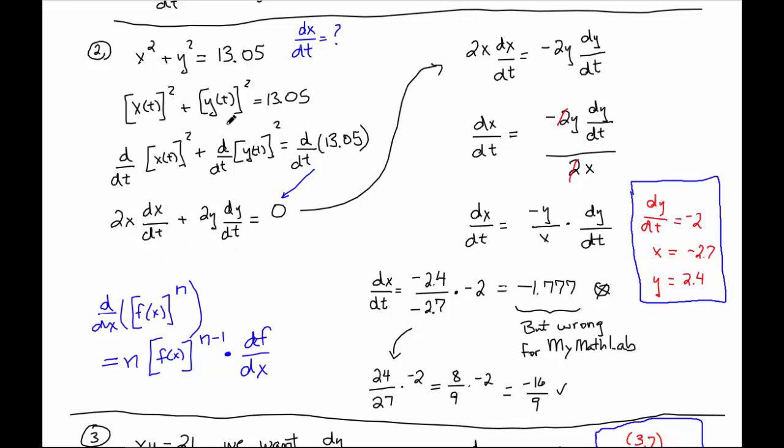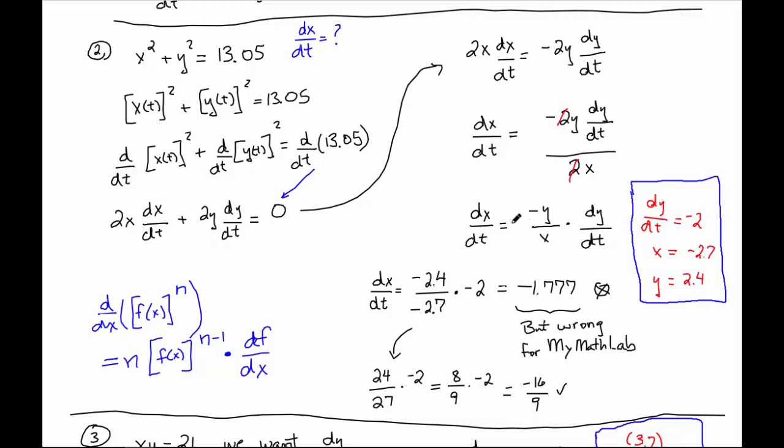Now since we wanted dx dt, I'm going to move all the y stuff to the right. I need to get dx dt alone, so I'm going to divide both sides by 2x. The 2's would cancel, and then I get minus y over x times dy dt.